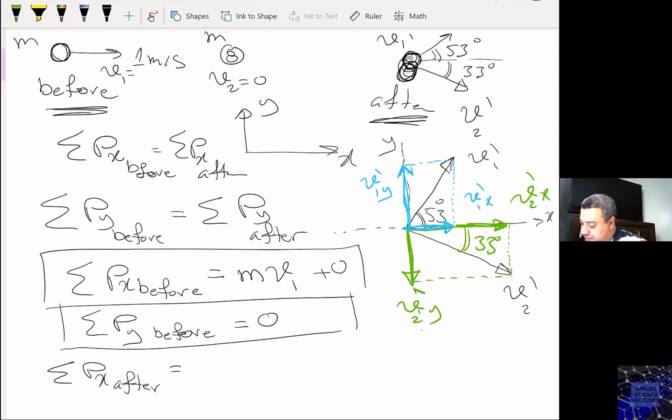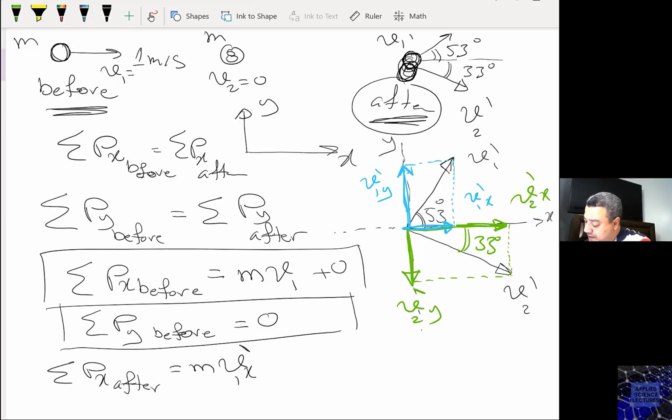Now, if I write the after, focusing only on the x components, what do I have? I have V1 prime x being positive, so I write m V1 prime x.